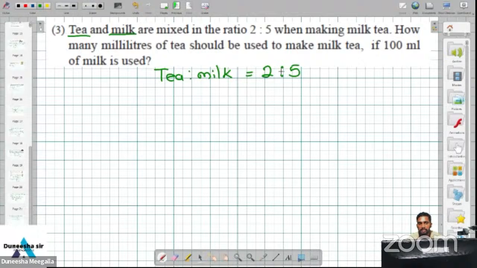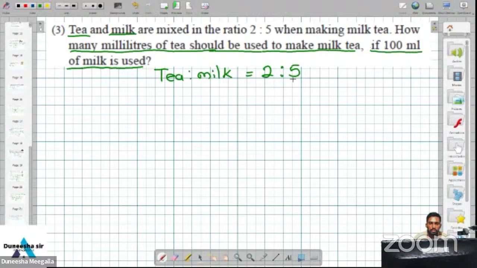Then what is the next? Tea is a low fraction. When making milk tea, how many milliliters of tea should be used to make milk tea if 100 milliliter of milk used?